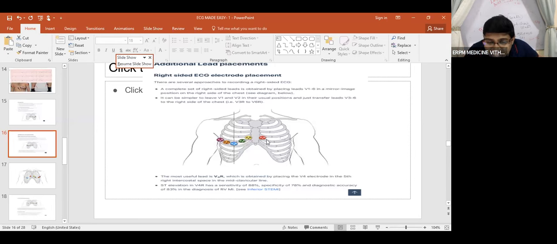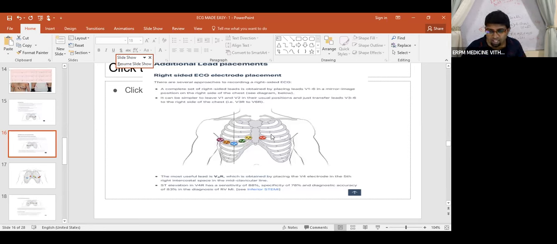We add a capital R: V1R, V2R, V3R, V4R, V5R, V6R. Understood? We are adding the English letter R.